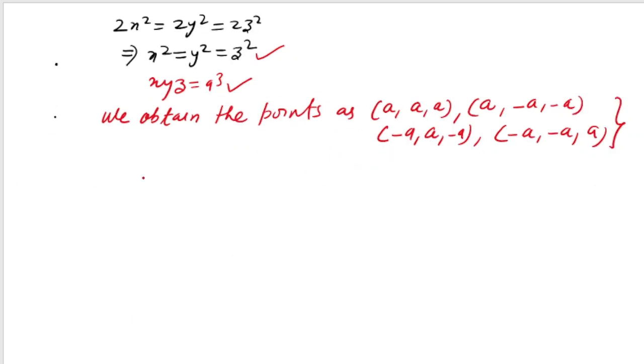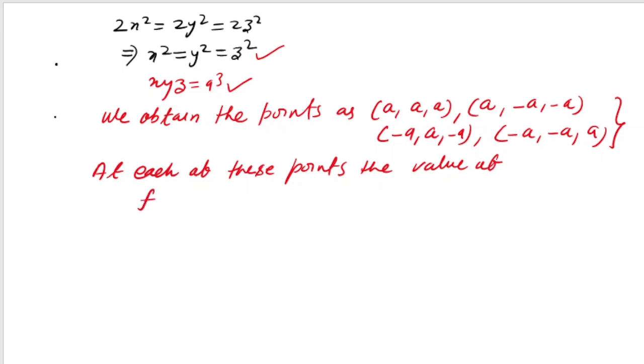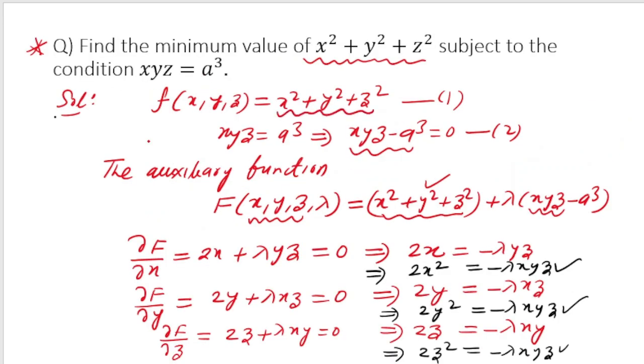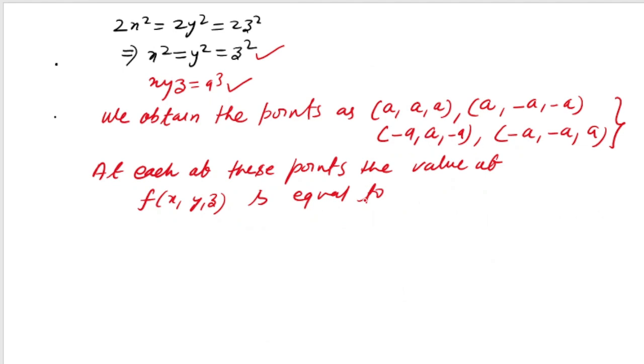So if I take all these points, we can write that at each of these points, the value of the given function f of x, y, z, which is x square plus y square plus z square, will be equal to 3a square, right?